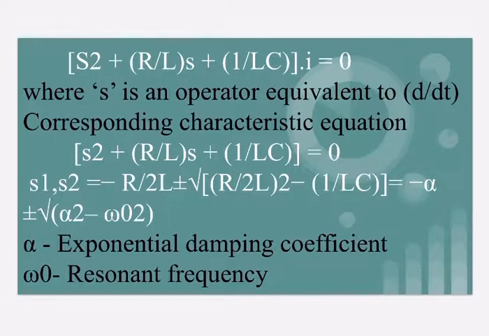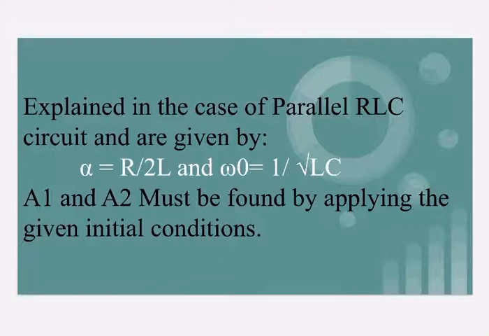Here also it is the same: alpha is equal to R by 2L and omega naught is equal to 1 by root over LC. So these are the equations for alpha and omega naught. Here A1 and A2 are determined by the initial conditions.